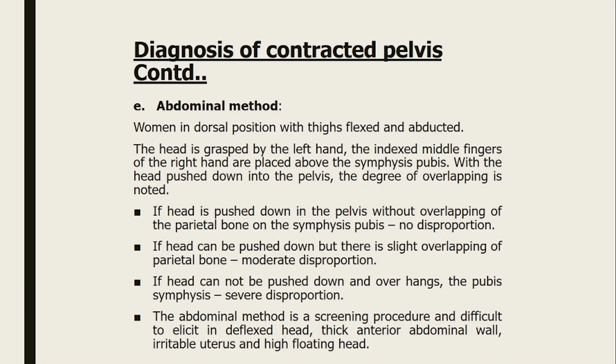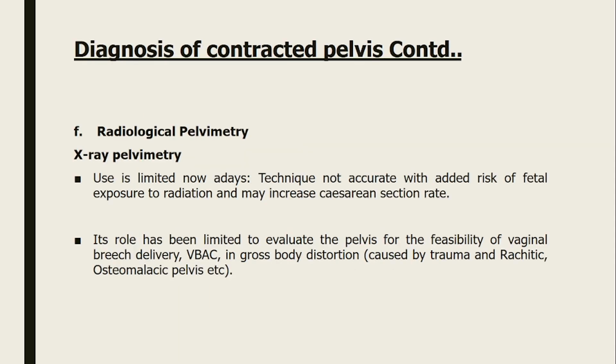You may want to use Munro Kerr's method to exclude contracted pelvis or cephalopelvic disproportion. And again, this clinical method, in very experienced hands, is very, very useful. You may not require X-ray pelvimetry.